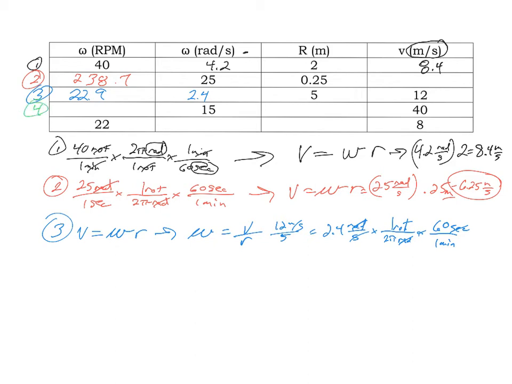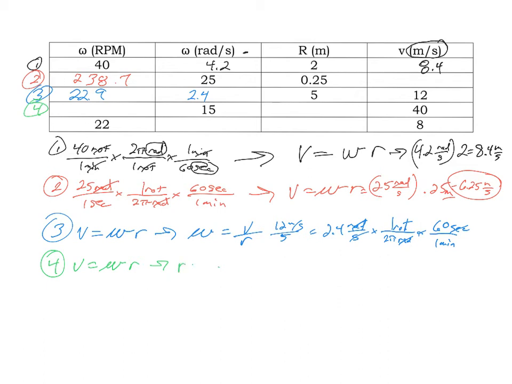4. Alright, they give me radians per second and velocity, so I'm going to have to go to v equals angular velocity times radius, and I can get radius out of there. I'm going to start over, it's getting a little sloppy there.